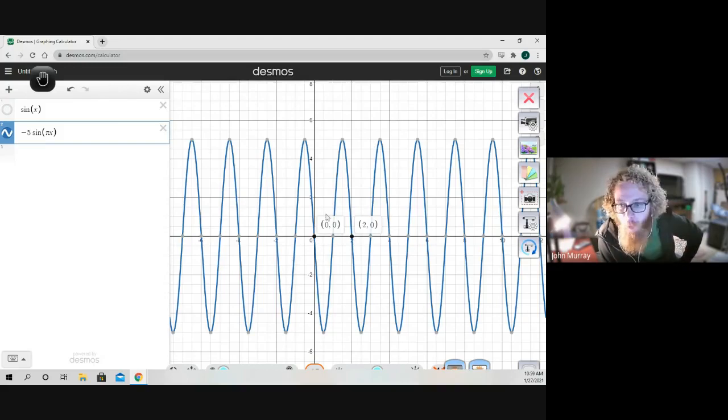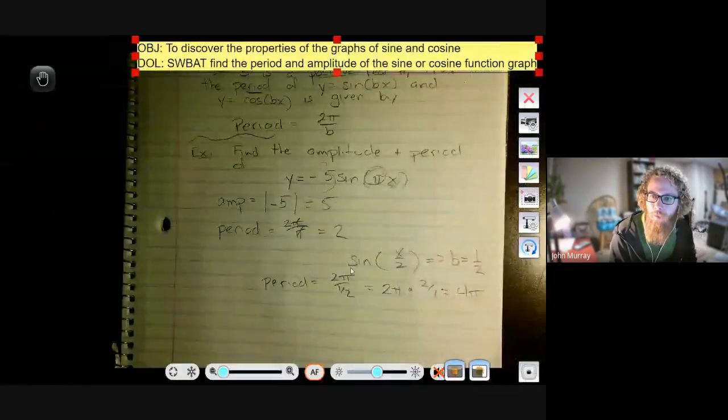From 0 to 2, I complete one rotation. I have the 5 as my amplitude, so that makes it really tall, and this pi here squishes it together. So we have a really skinny and fast up and down. Any questions?